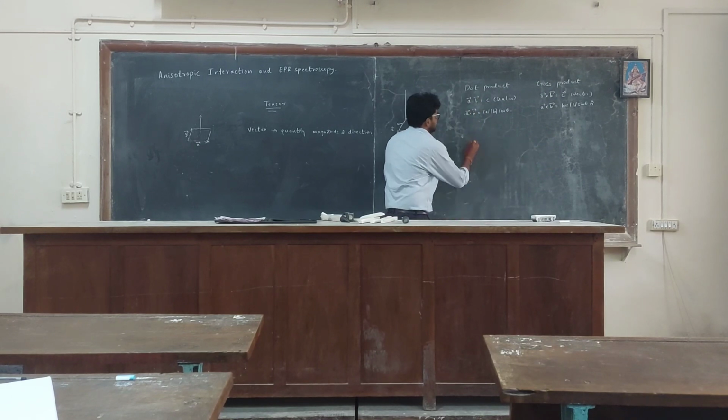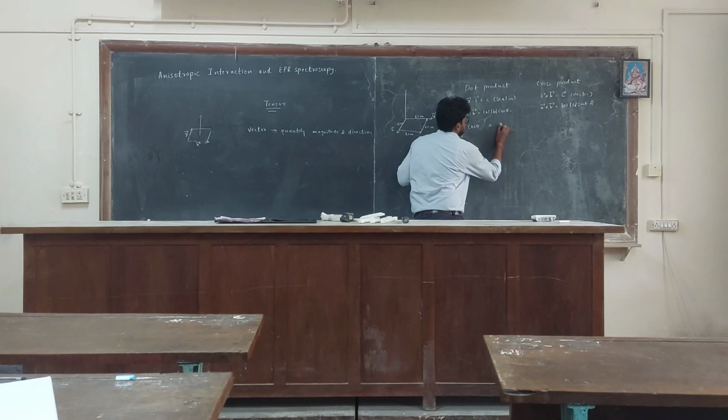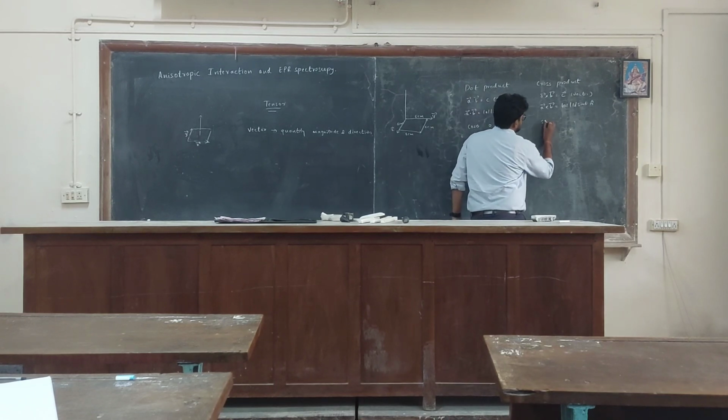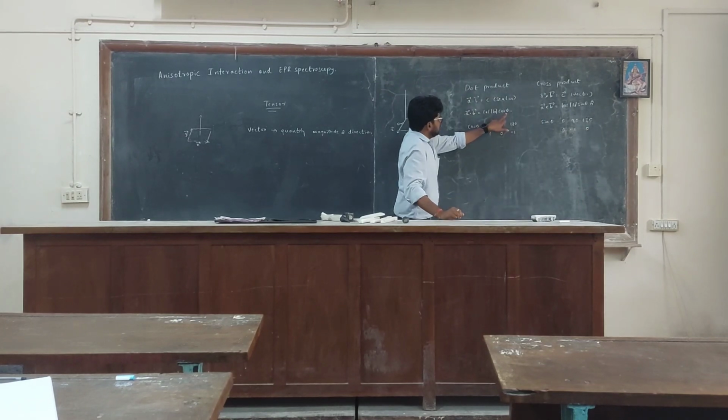We know how cos theta varies: cos 0 is 1, cos 90 is 0, cos 180 is minus 1. And sin theta varies as 0, 90 and 180: sin 0 is 0, sin 90 is 1, sin 180 is 0. If the angle theta is 0, then cos theta is 1.